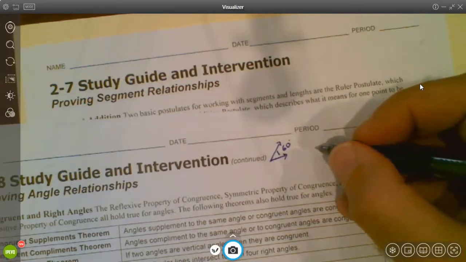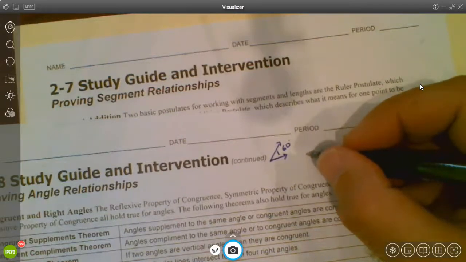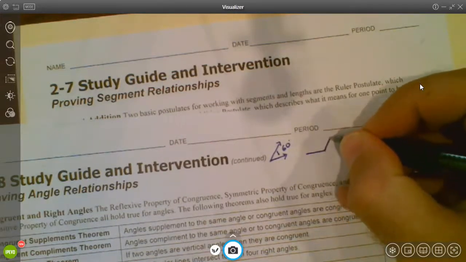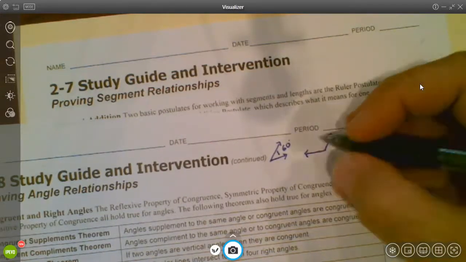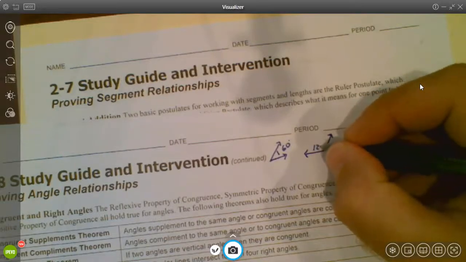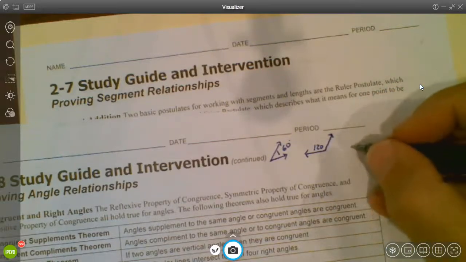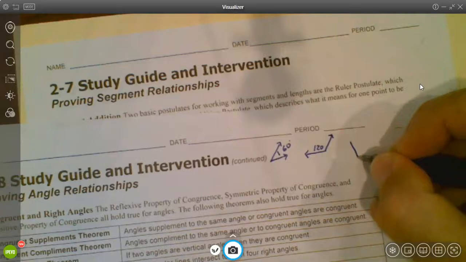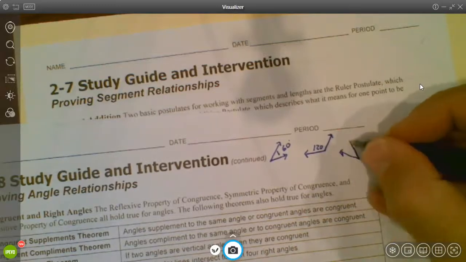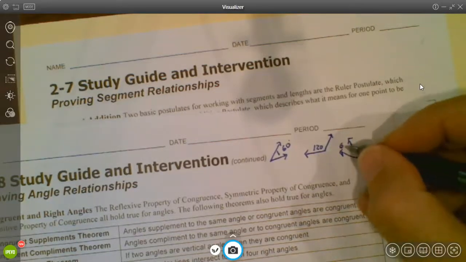I'm going to have angle 2 be 120. And over here, I'm going to draw angle 3, which is 60.